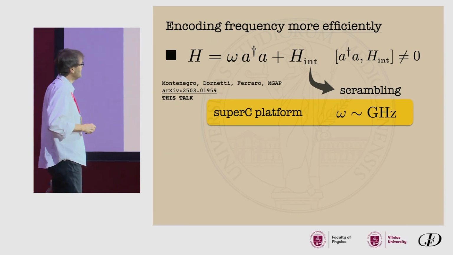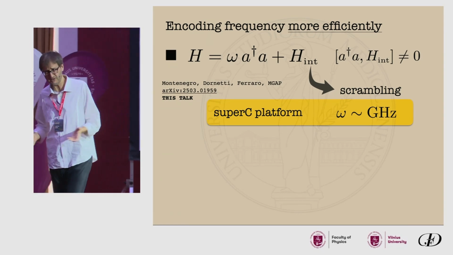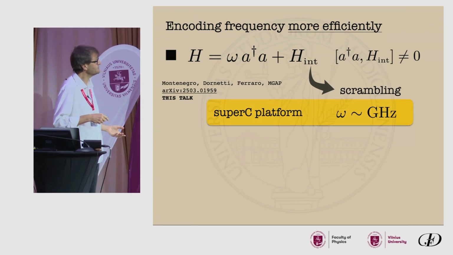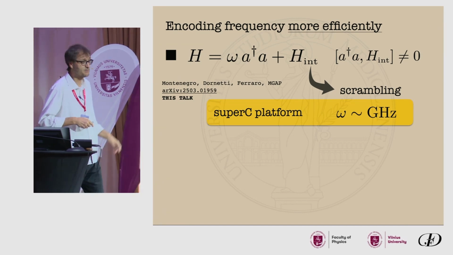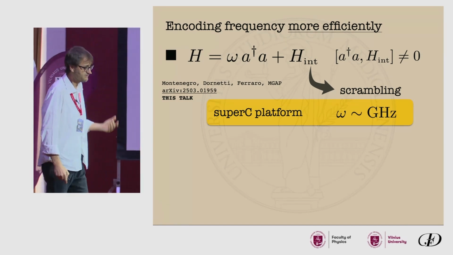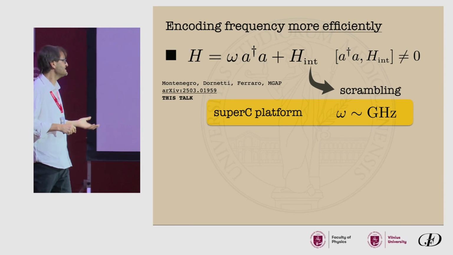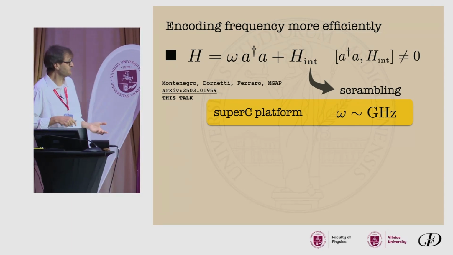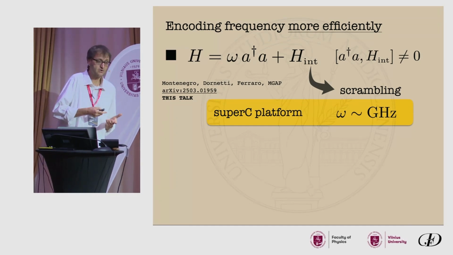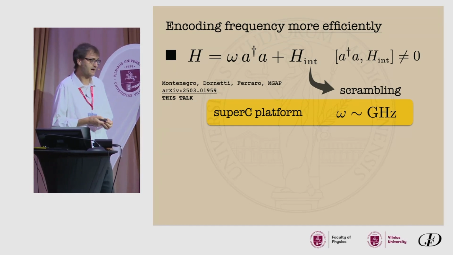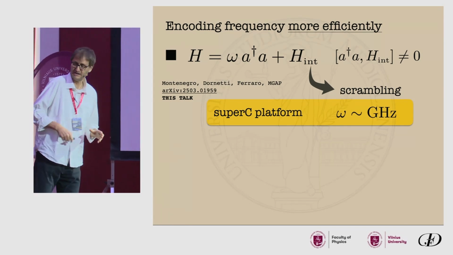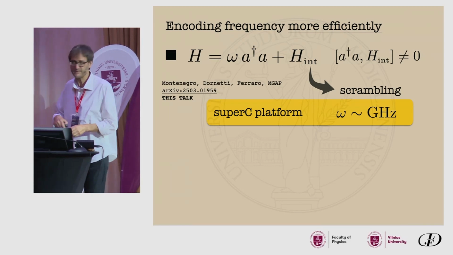And I anticipate that on paper, this is good for any frequency. But of course, since I'm going to invoke some nonlinearity, third order, fourth order, I anticipate that this will be of interest especially for superconducting platforms, where those kinds of nonlinearities are available, while in optics, those kinds of nonlinearities are very difficult to obtain.